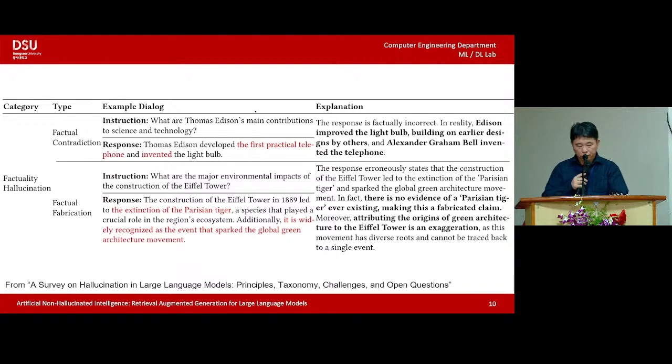One common cause of hallucination is the model's reliance on patterns rather than true comprehension. LLMs do not possess understanding or awareness. They generate responses based on statistical reasoning and statistical associations learned during training. This means that while they can mimic language effectively, they lack the ability to discern truth from falsehood.